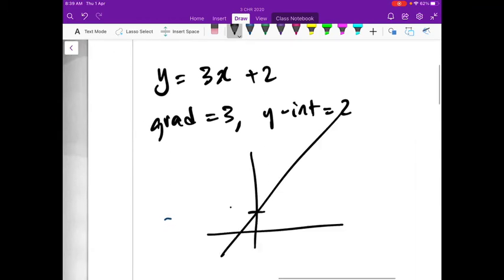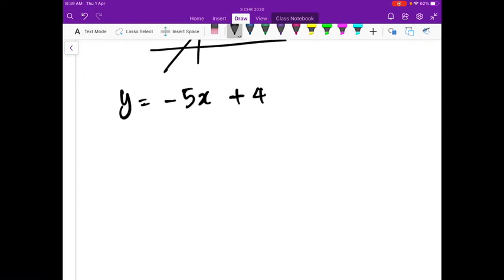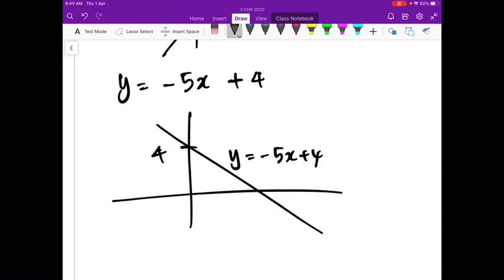Positive gradient, intersect 2. When we have y equals negative 5x plus 4, when the equation is given to you, they ask you for gradient, you can use it. When cannot use? When they never give you the equation. They give a straight line only. Then you must find the gradient. No choice, you have to calculate. So for this case, gradient negative, intercept 4. y equals negative 5x plus 4. Okay, because it's sloped down.